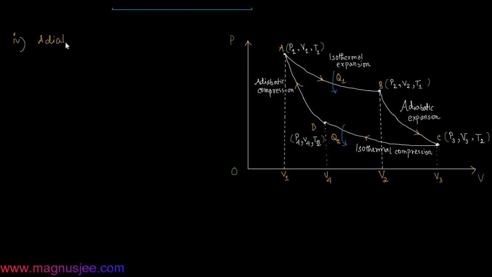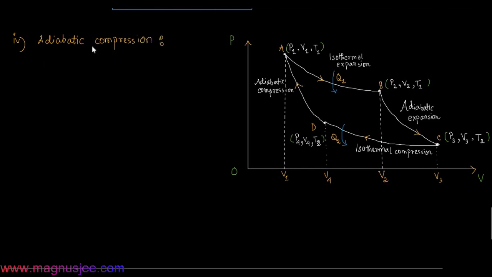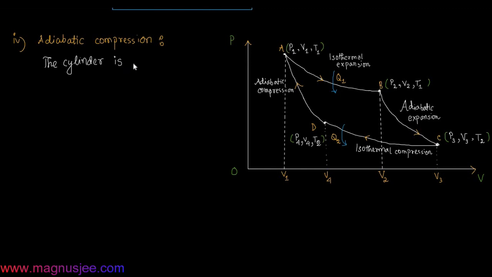Now we should consider adiabatic compression along the path DA, that is from the state P4 V4 T2 to P1 V1 T1. The cylinder is again placed on the insulating pad.